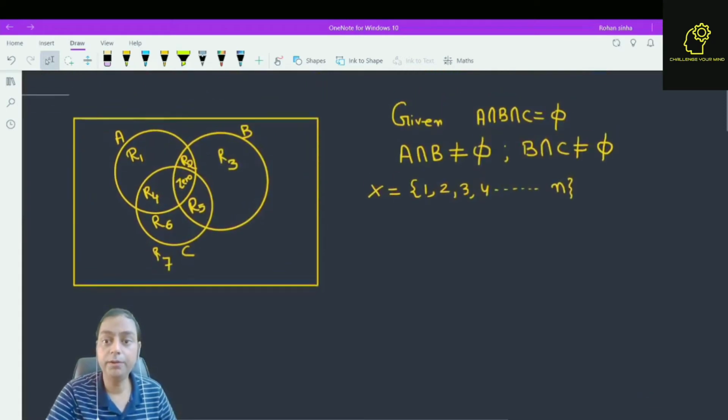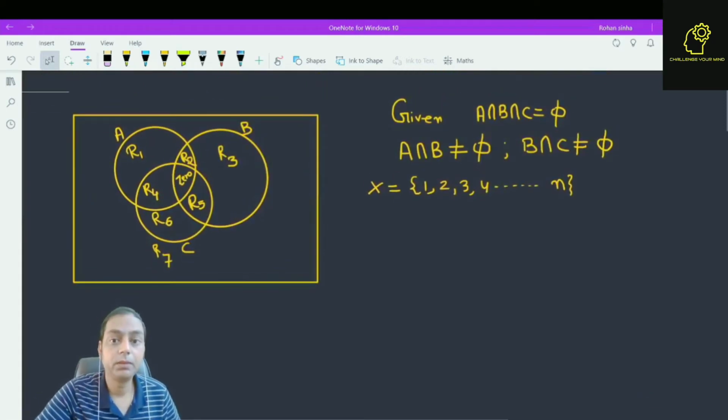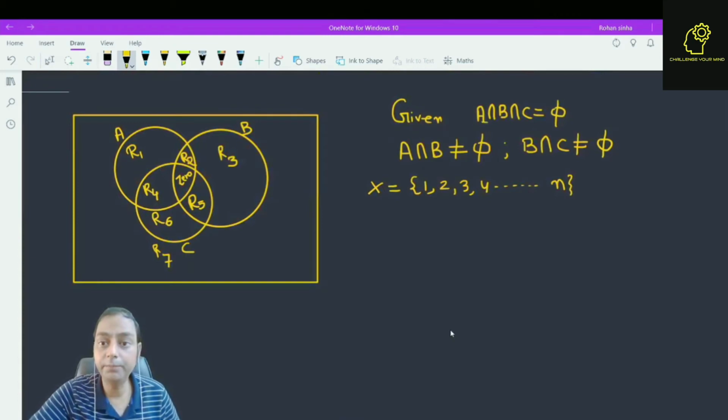Now, let us draw the Venn diagram here. Given that A intersection B intersection C is empty, so this is 0. A intersection B not equal to empty set, this means R2 not equal to 0. And what about R5?